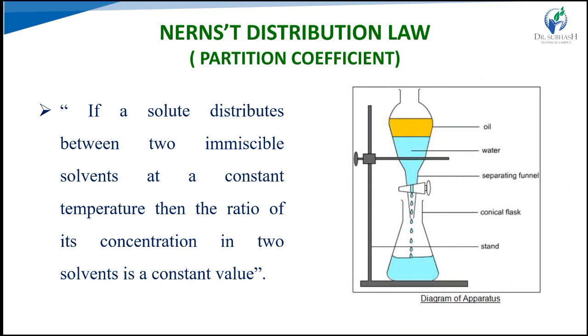We can also say that a dissolved substance, irrespective of its amount, distributes itself between two immiscible solvents in such a way that at equilibrium the ratio of the concentration of the substance in the two layers is constant at any given temperature.